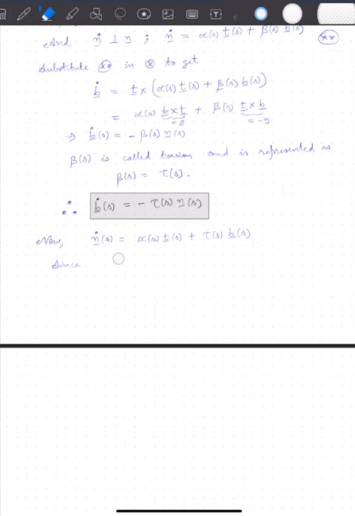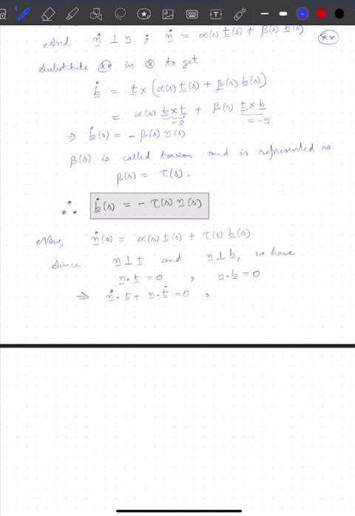Now, since N vector is perpendicular to T vector and N vector is also perpendicular to B vector, we have N dot T is equal to 0 and N dot B is equal to 0. Differentiating both with respect to S, it will be N dot dot T plus N dot T dot is equal to 0.